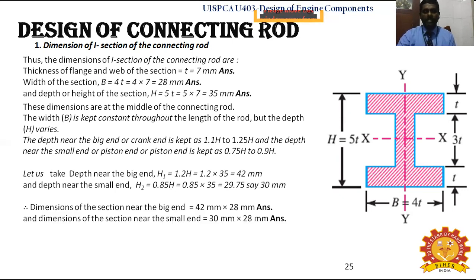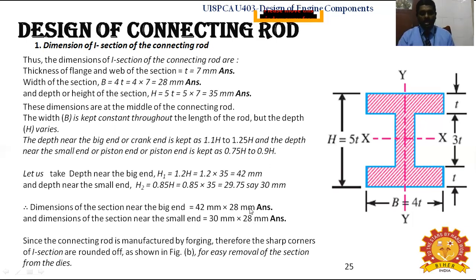So the dimension of section near the big end we will take as 42 into 28 mm, because we have already identified the width of section, and the depth near the big end is the h value that we had calculated. So 42 into 28 mm. Similarly, this value 30 is multiplied with the same 28 mm. 30 mm into 28 mm, that is the cross section area.